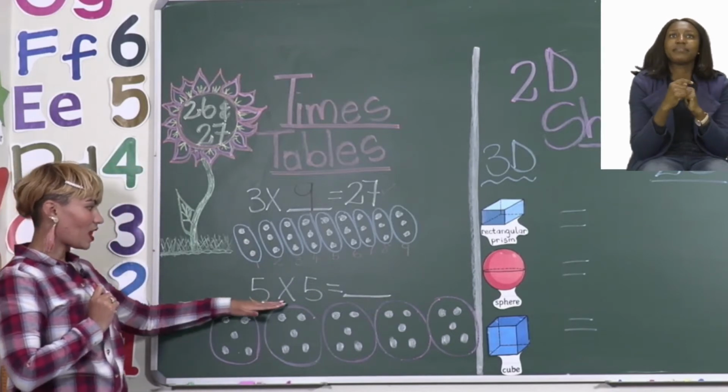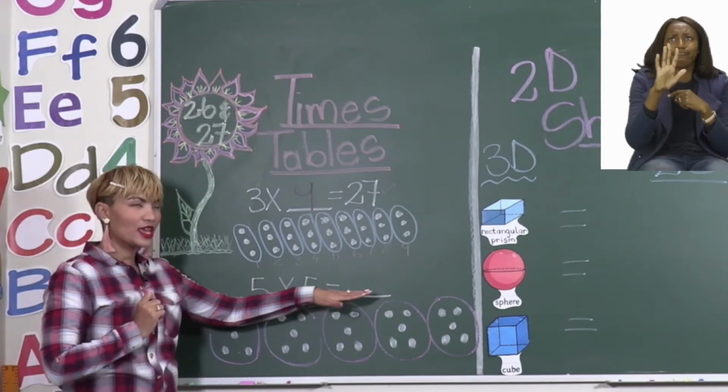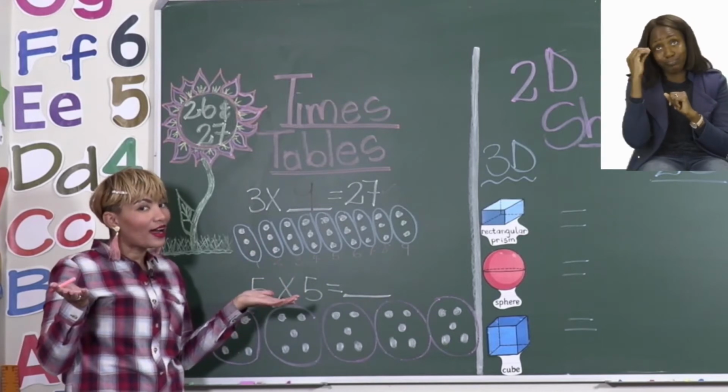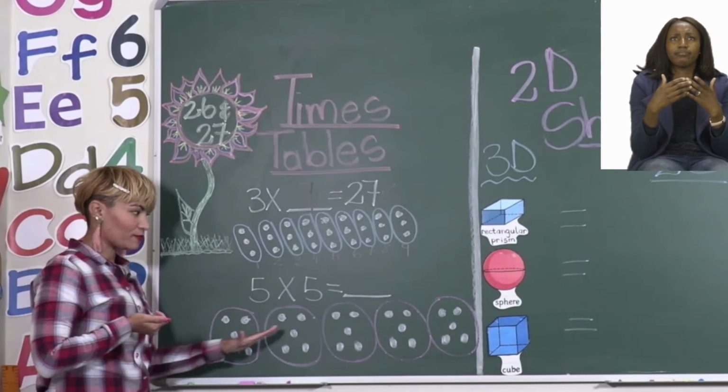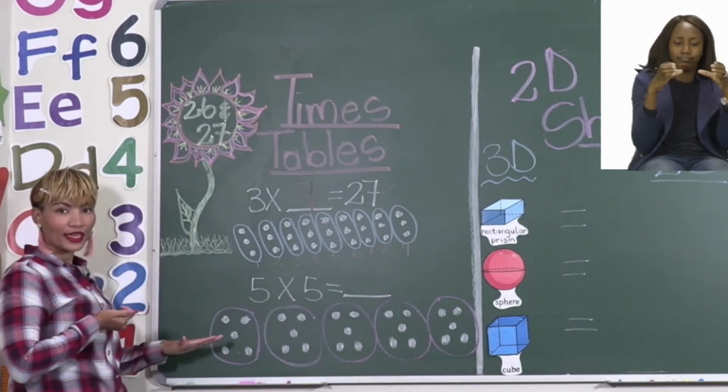It says 5 times 5 is equal to how much? Let's see. So we have made groups of 5 again.